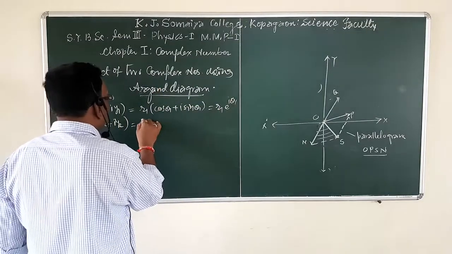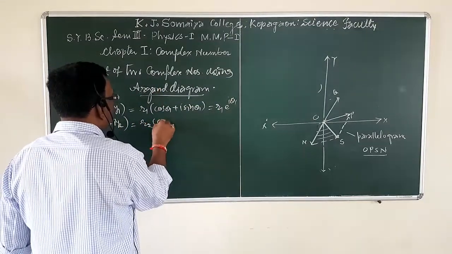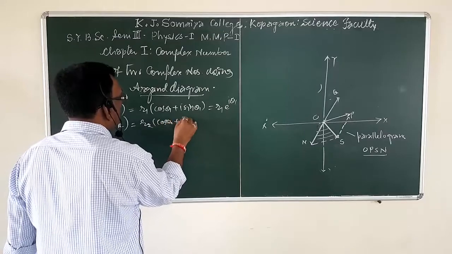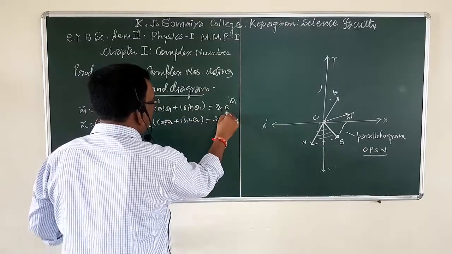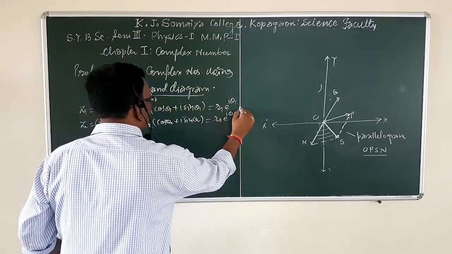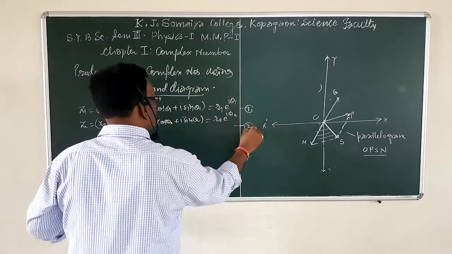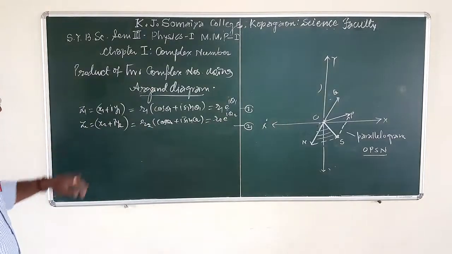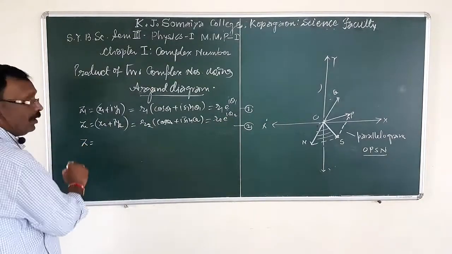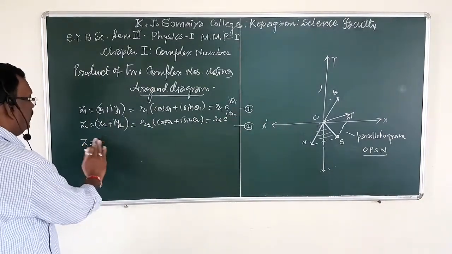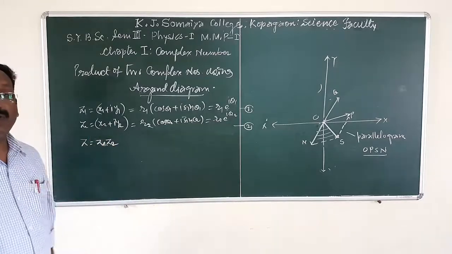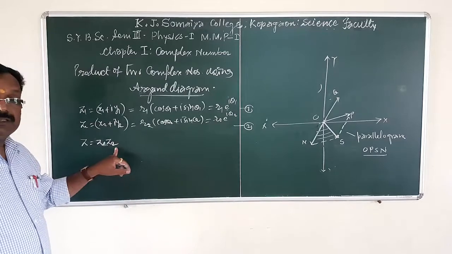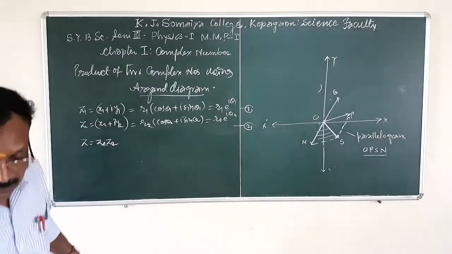Similarly, Z2 is equal to r2 cos theta 2 plus i sin theta 2 is equal to r2 e raised to i theta 2. Suppose this is equation 1 and this is equation 2. Again remember that the product of two complex numbers z1 into z2 is also a complex number, and this can be found out on Argand diagram.